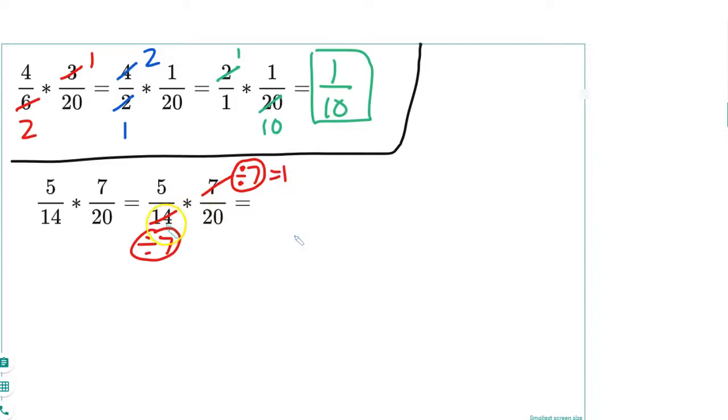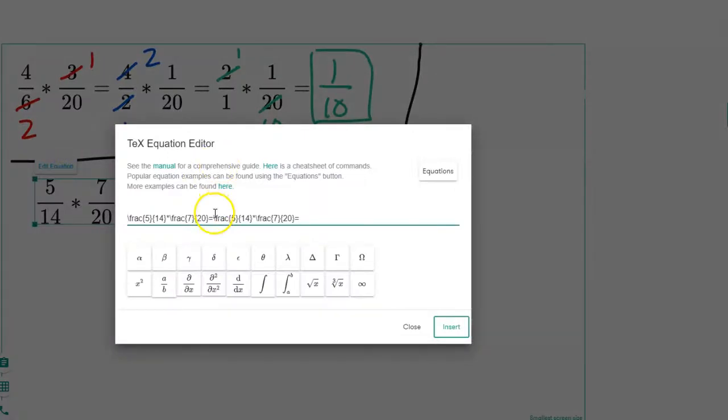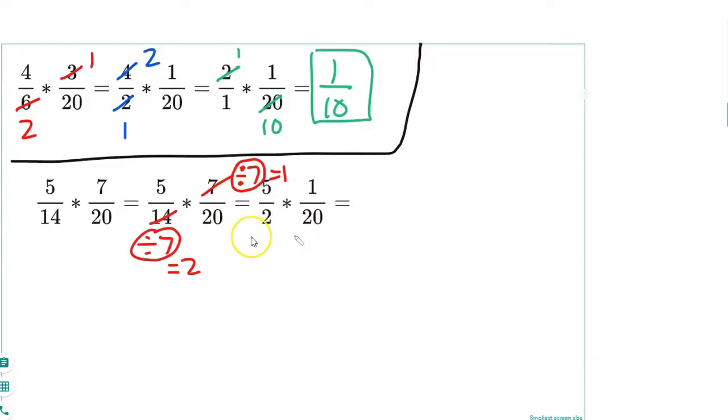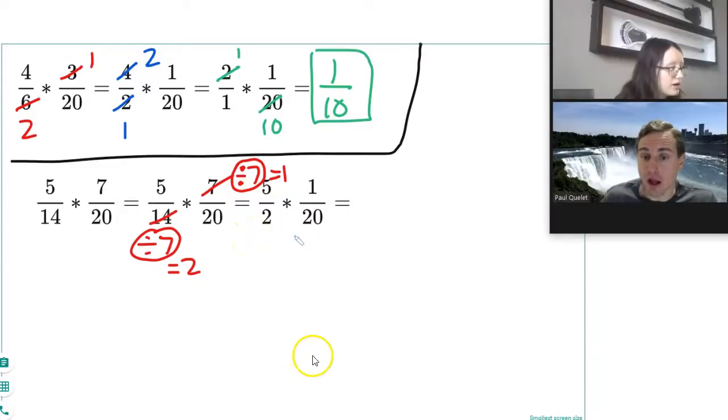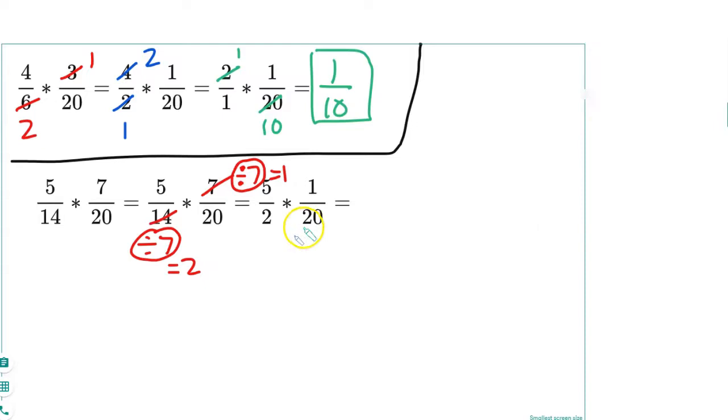And then what are we going to get when we do 14 divided by 7? 2. So you're telling me that if I edit this equation, you're going to end up with 5 over 2 times 1 over 20. I agree.